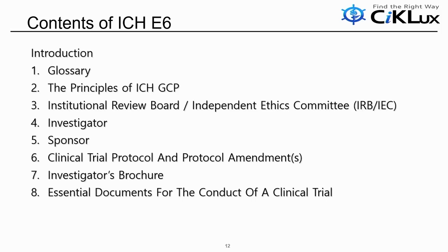For IRB and IEC, there were no additions in R2. For Investigator, there were some sections added in R2. There were many in Chapter 5. No additions for Chapters 6 and 7.